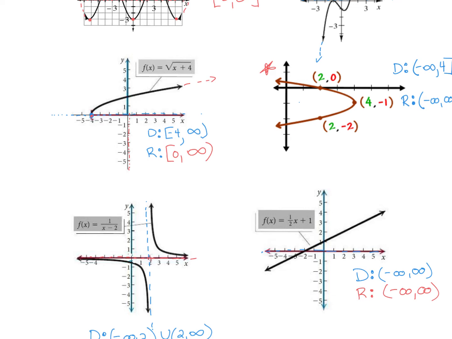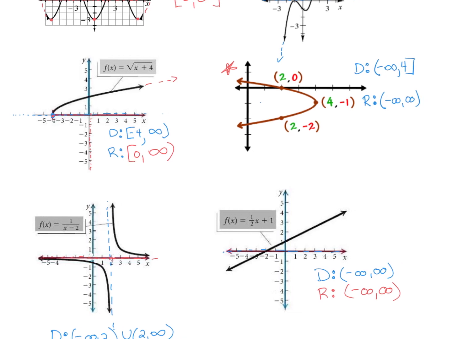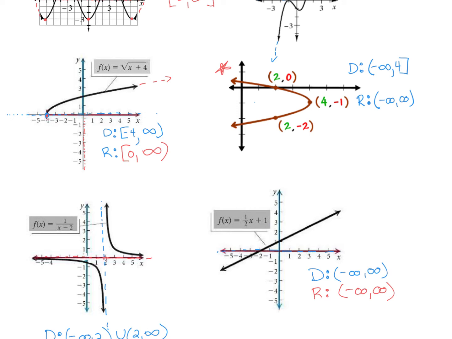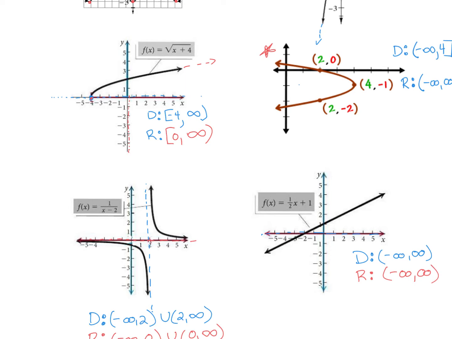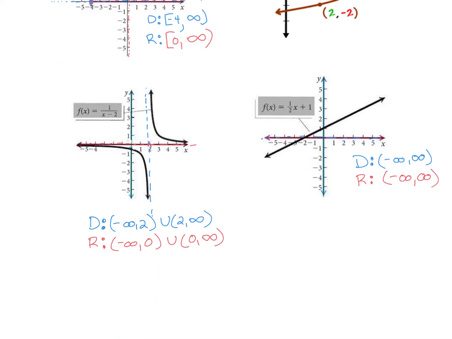So we're going to have an x value all the way back to -infinity, but we're going to stop when we get to the 4, and we're going to include the 4 because it's a solid dot. We also may notice that because these arrows are going down slightly and up slightly, our range is going to be -infinity to infinity.